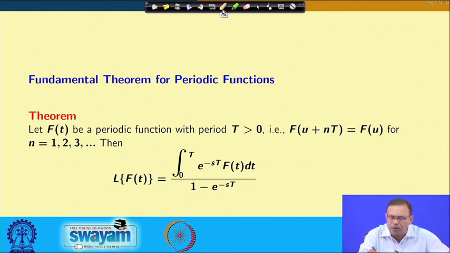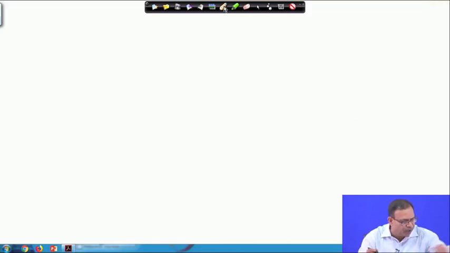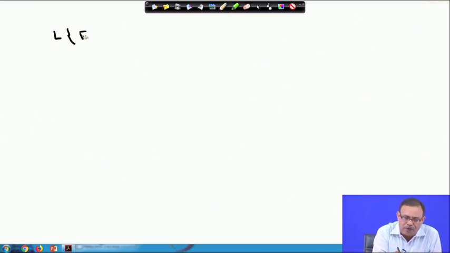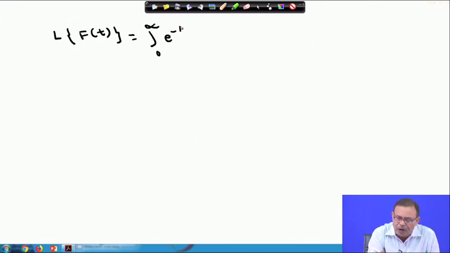First, let us go through the proof of this. The Laplace transform of f(t) equals the integral from 0 to infinity of e^(-st) f(t) dt.